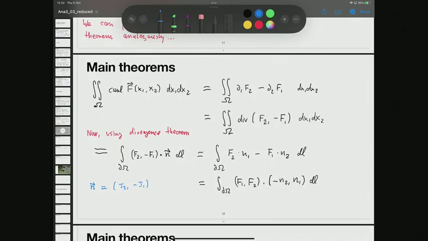So I can express the tangent also as follows. Negative n2 and n1. If I've got the tangent like this, I can express one always as a rotation of the other.